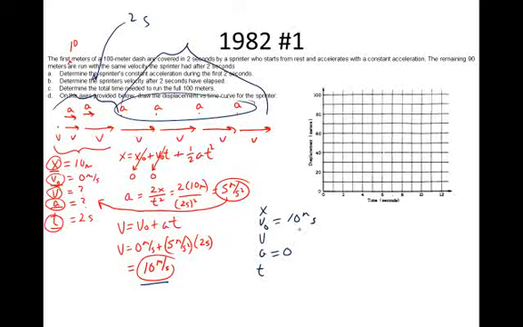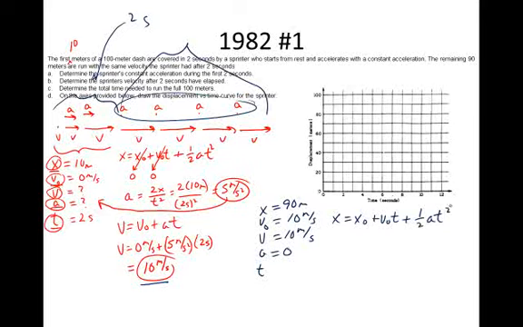And so is the final velocity, 10 meters per second. The distance is 90 meters. So that means we use this equation, X is equal to X initial plus V initial T plus 1/2 AT squared.